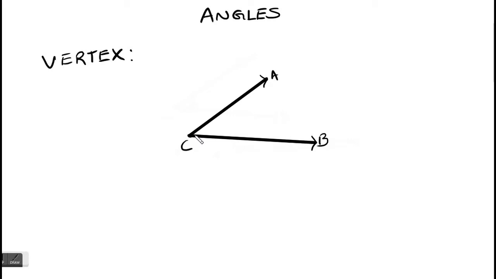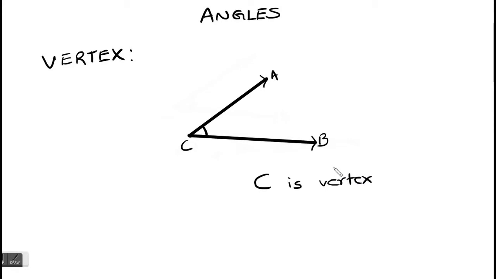So when two rays have the same starting point, they form an angle, and this is the angle. The common end point, which is C, is called vertex. So C is vertex over here. I hope this concept is clear.